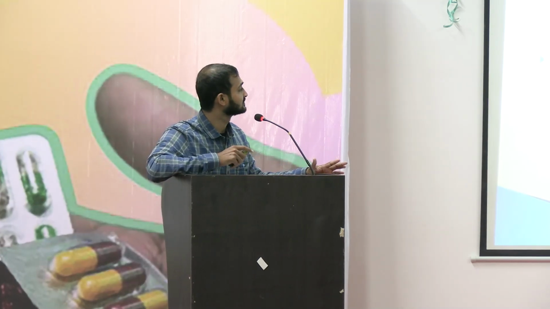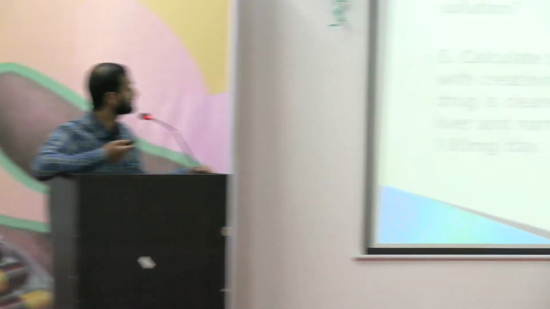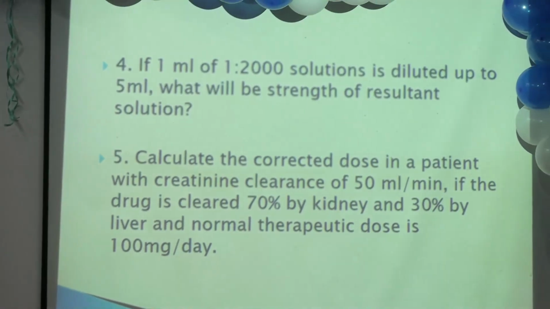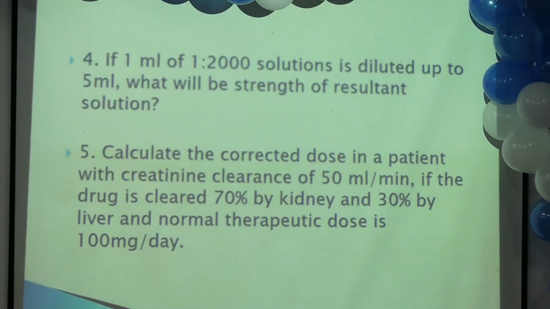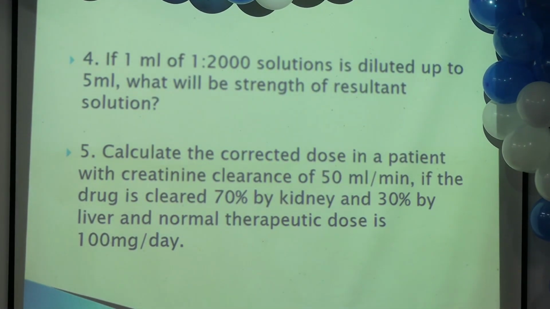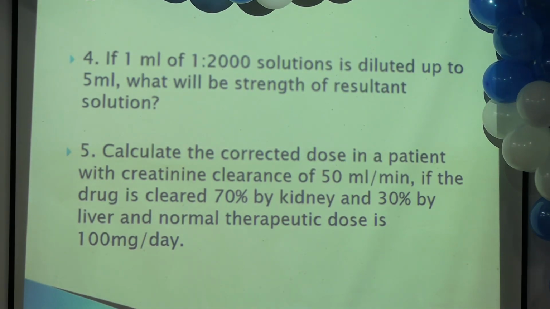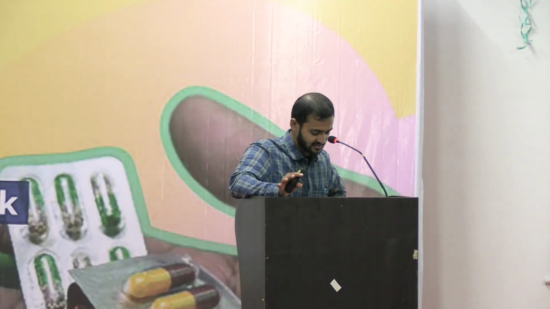Any confusion till here? Okay, so let us move to the fifth problem. Calculate the corrected dose in a patient with creatinine clearance of 50 milligram per ml per minute if the drug is cleared 70% by the kidney, 30% by the liver, and the normal therapeutic dose is 100 milligram per day. So here a formula is there, known as the dose adjustment factor.